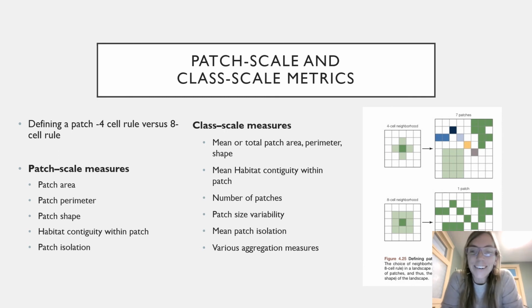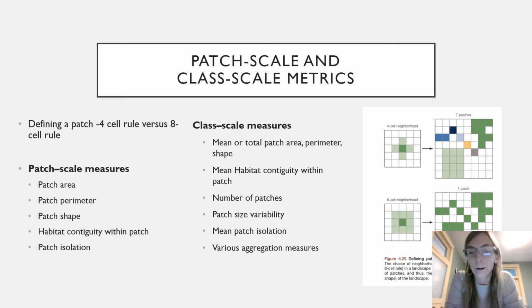And so one of the first principles that the book talks through is how we define a patch spatially. When we're dealing with raster data and buffering, do we want to apply the 4-cell rule or the 8-cell rule of a patch to define how it is in the landscape? And our choice here can drastically change the results.